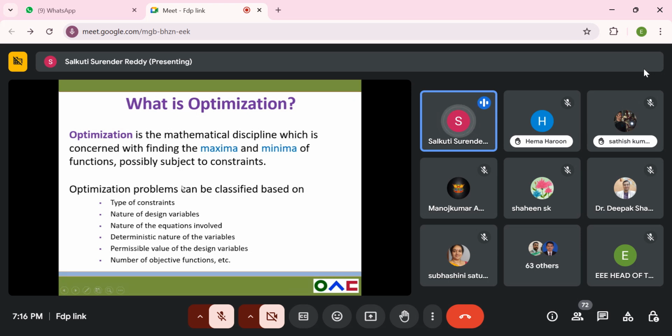The optimization problems can be classified based on type of constraints, nature of design variables, nature of equations, deterministic or stochastic nature of variables, values of design variables, and number of objectives.